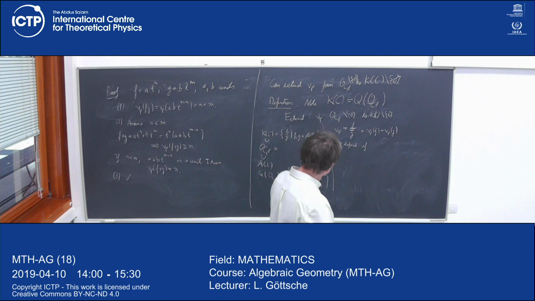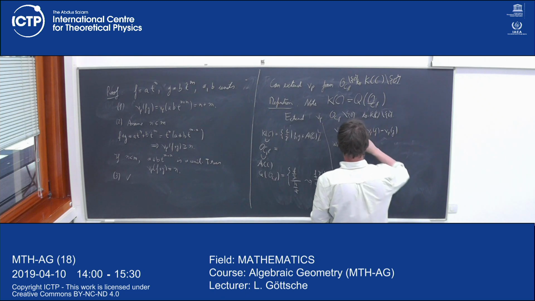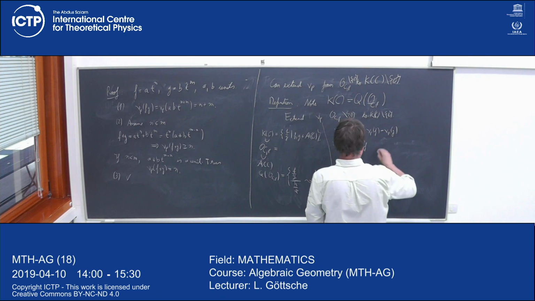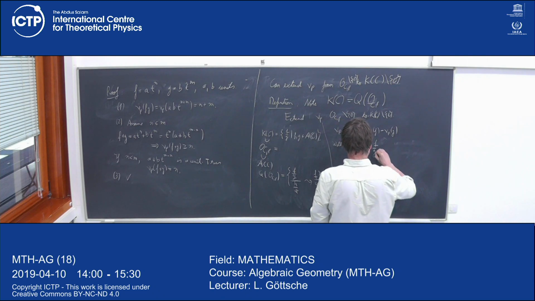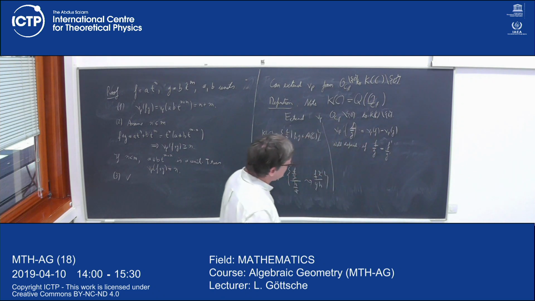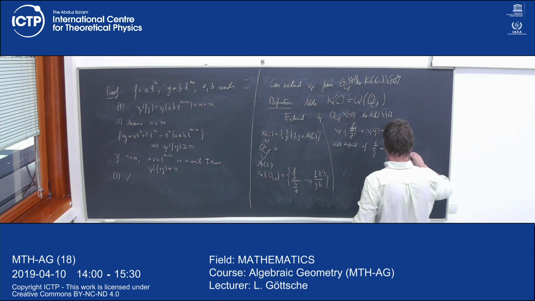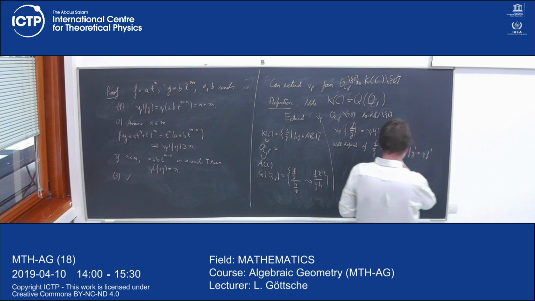If F divided by G is equal to F prime divided by G prime, then this means F G prime is equal to G F prime. That's what it means that they're equal.